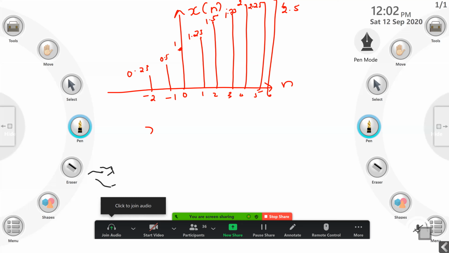You need to draw x of 2n and x of n by 2. Kindly draw it by yourself and later we'll check the answer.